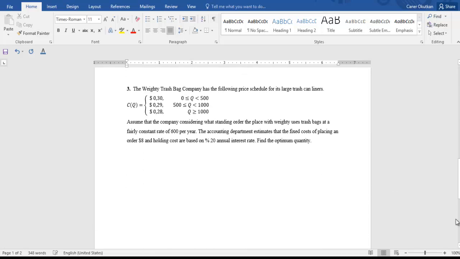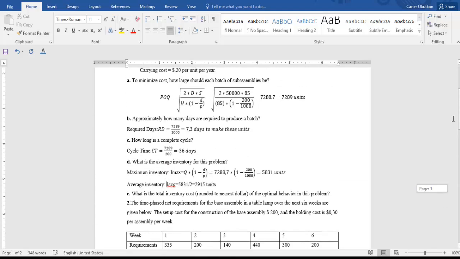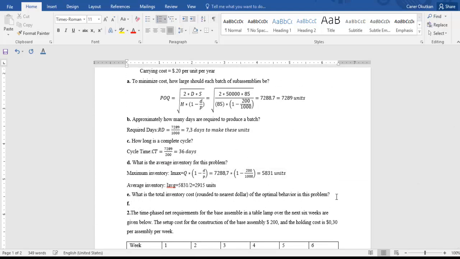So another question, the last question, question E. What is the total inventory cost of the optimum batch size in this problem? To find total cost, the total cost includes three basic costs: holding cost, setup cost, and product cost. But inventory cost includes holding cost and setup cost.